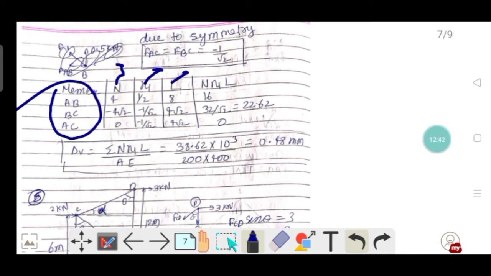In the fifth column we multiply the second, third and fourth columns, and we use the formula delta V equal to summation of N N1 L upon AE. We also multiply by 10 to the power 3 because L is in meter, so we have to convert the length to millimeter. So we get 0.48 millimeter for this question.